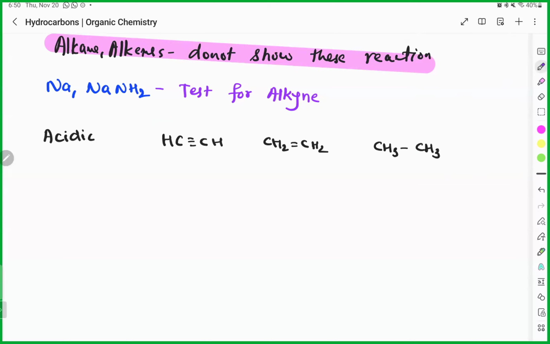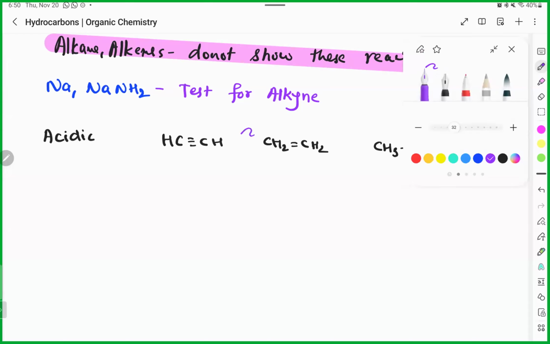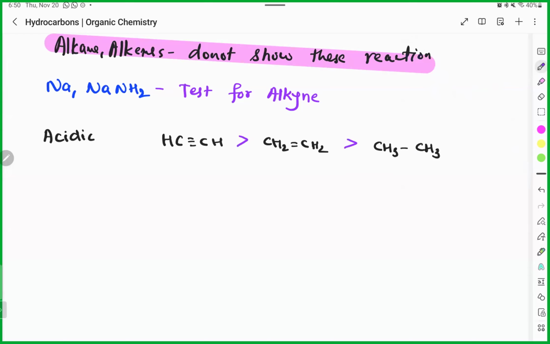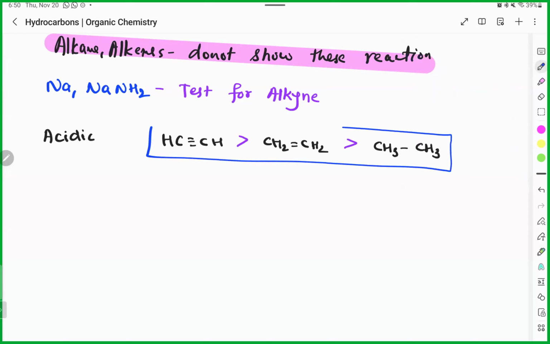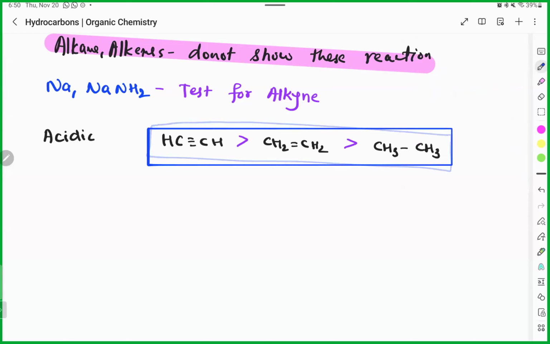Yes, triple bond is most acidic. Why? Maximum S character, so maximum electronegativity. This one has more electronegativity, and here minimum electronegativity.